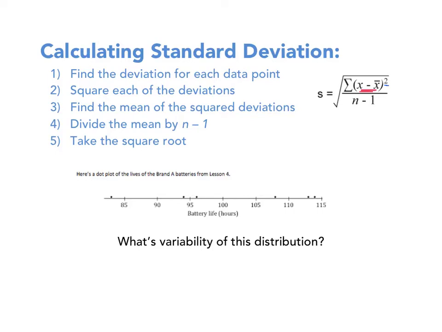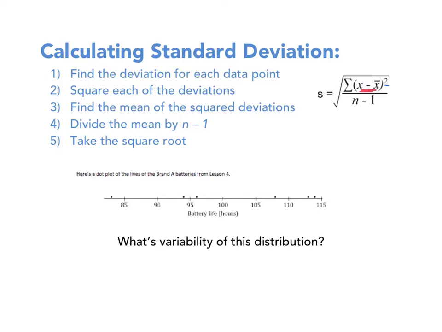Then you find the mean of the squared deviations, and you do that by dividing by n minus 1. So this is a little different than what you're used to, dividing by n minus 1, because it's taking one data point away from dividing by the true mean.